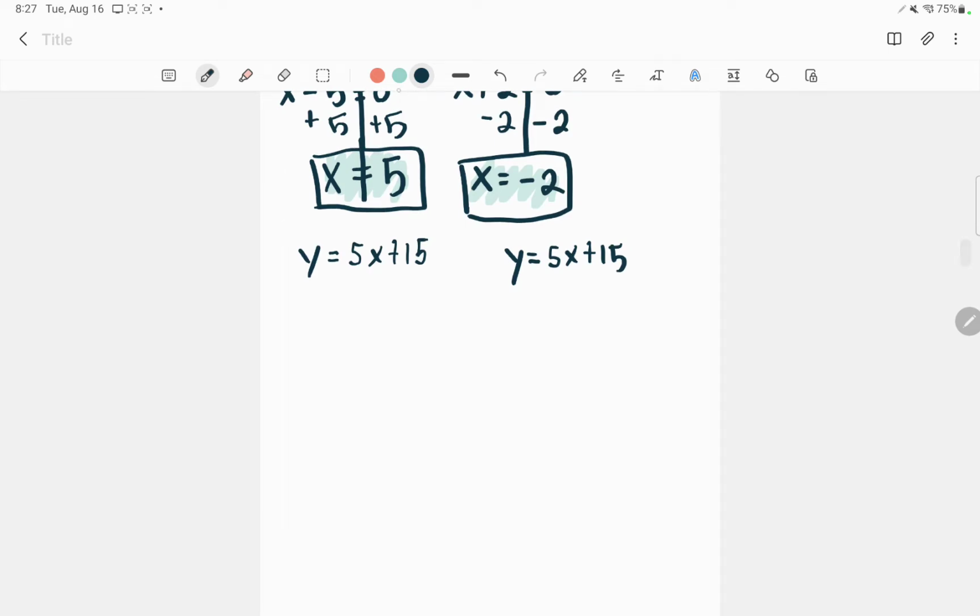So this 5 right here that you see, I'm actually going to plug it into the equation right here. This -2 that you see right here, I'm going to plug it into that equation. And I'm going to show you how it looks. So it's going to be 5 parentheses, 5, plus 15. Now, what is 5 times 5? 25 plus 15.